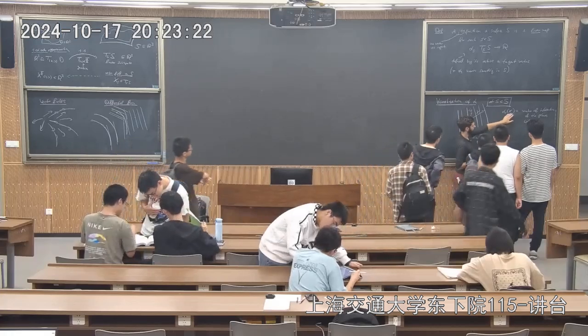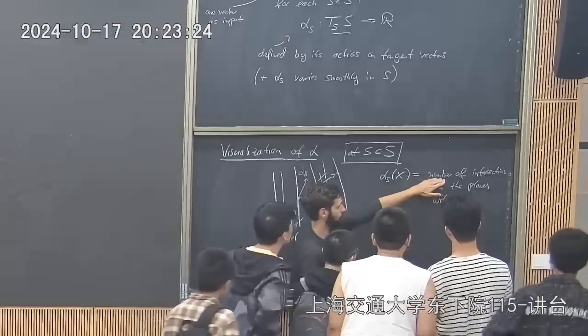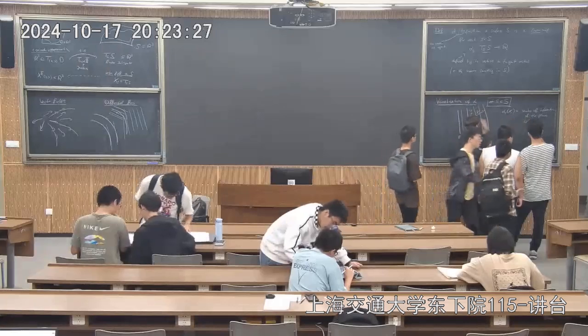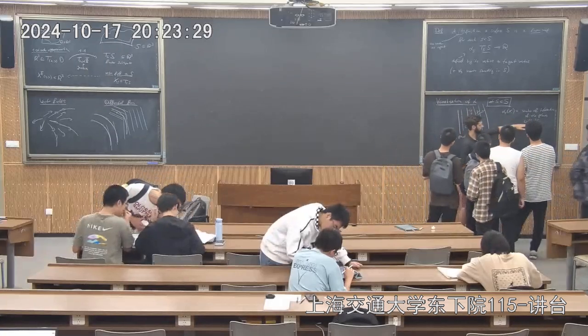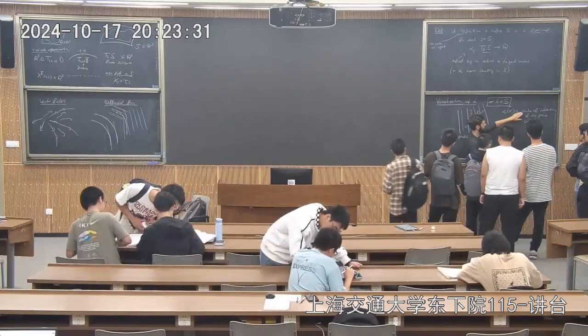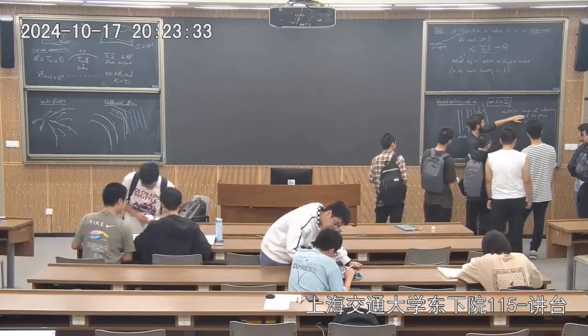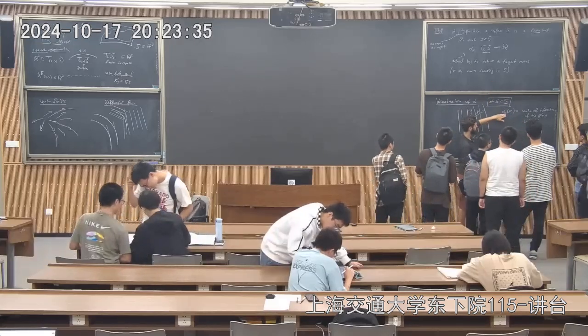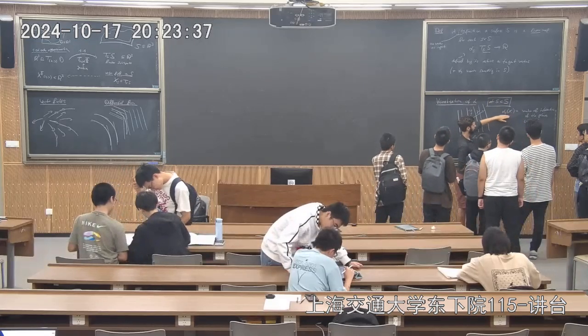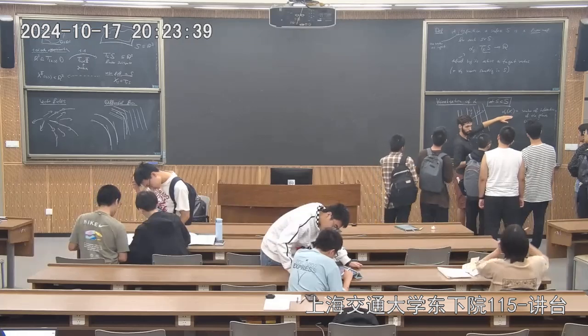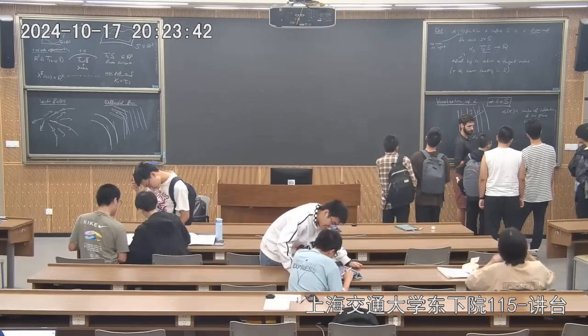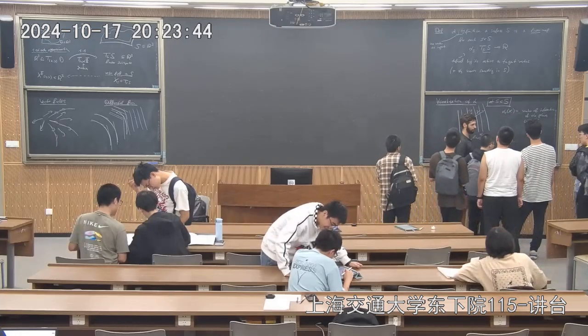I define it here by counting the number of intersections of this plane with a given vector, and I say that this is a number. That number is linear, so that defines the one-form. Does this make sense?